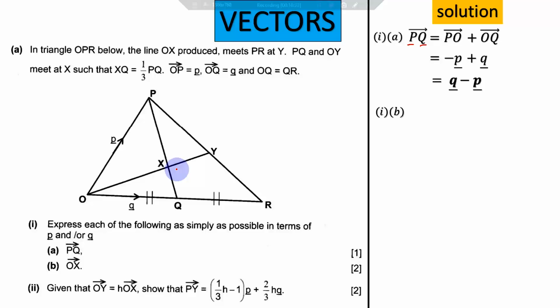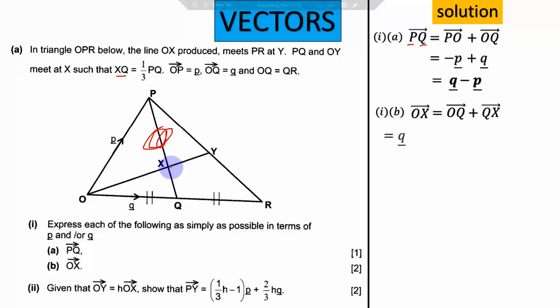But if we go from O to P, then P to X, we are going to be stuck on the ratio for PX because we have not been given the ratio in the statement. But the statement that has been given is for vector XQ. They're saying XQ is 1/3 of PQ. So the best direction for OX is OQ, then QX.